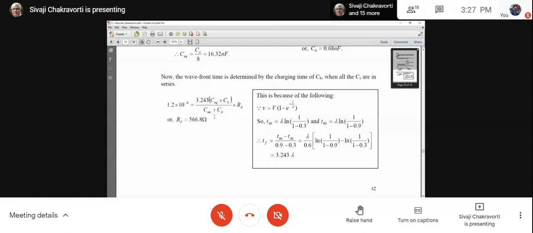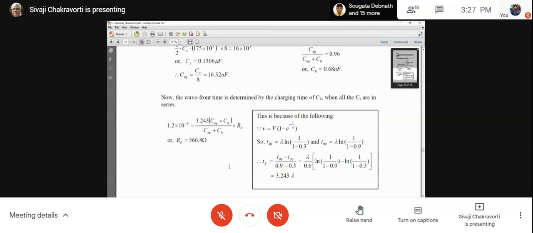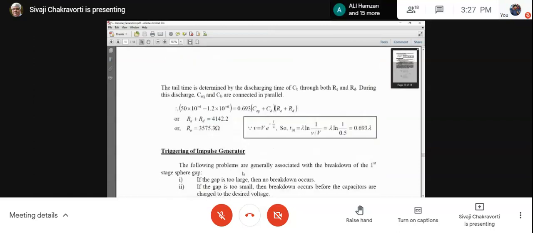So 3.243 on the left side into R into C, and this R is RD. Since you have already calculated C equivalent and the load condenser, we put the values, and we get RD as 566.8 ohm.